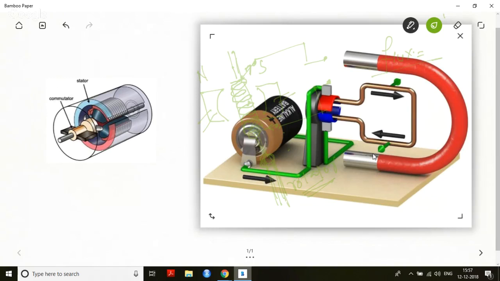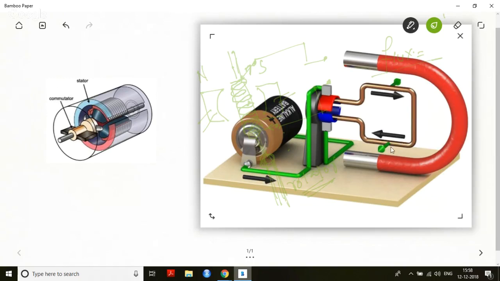So some amount of force would be applied on different arms of this conductor. See here, direction of the force is this side, and on this particular coil, direction of the force is on this side.